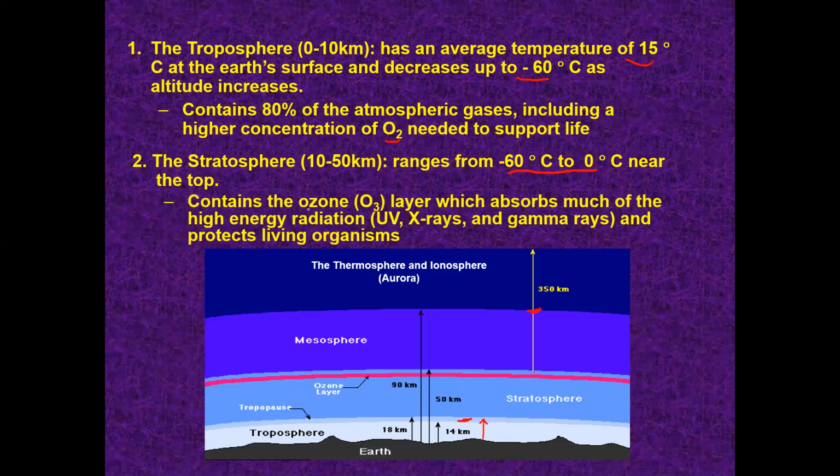Contains ozone, which blocks UV radiation. By blocking the UV radiation, this protects life because UV radiation, those high energy waves, get converted into infrared waves instead. If they were to come through, and some does, it can give us cancer. And it can kill single-celled life like algae in the oceans.